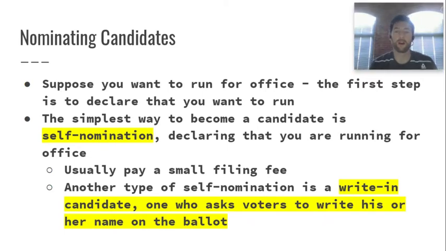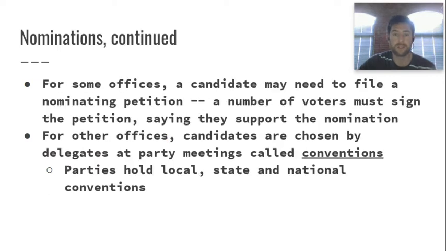Another type of self-nomination, which can be kind of funny and has brought a little bit of comedy into politics, is the write-in candidate. A write-in is one who asks voters to write his or her name on a ballot. There have been some very interesting write-ins in the past, which we will go over in a little bit.